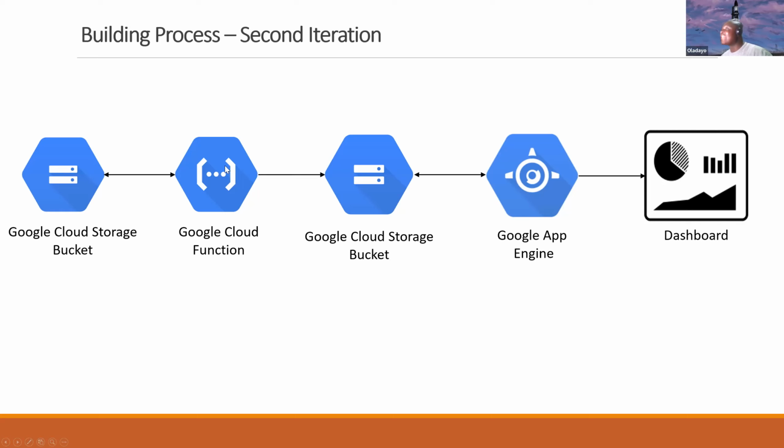That makes it the best compute service to deploy on. I just want to be able to pick up new data, put it inside the bucket, and then the Google Cloud Function triggers and runs immediately. So that makes Google Cloud Function the best.